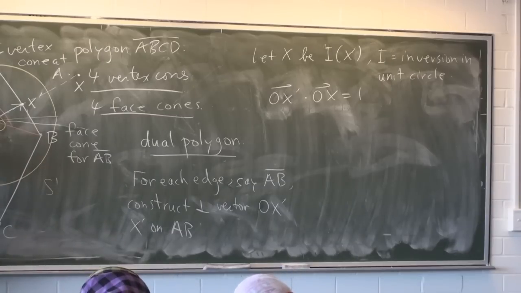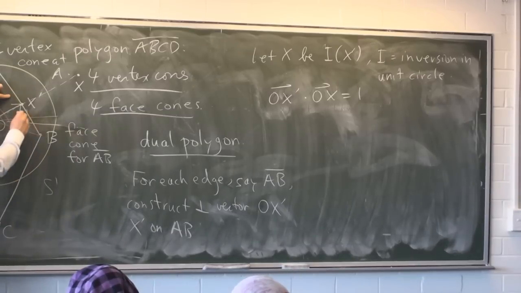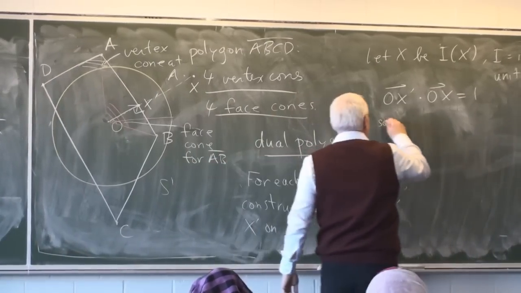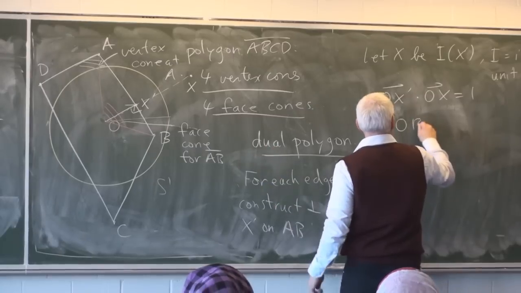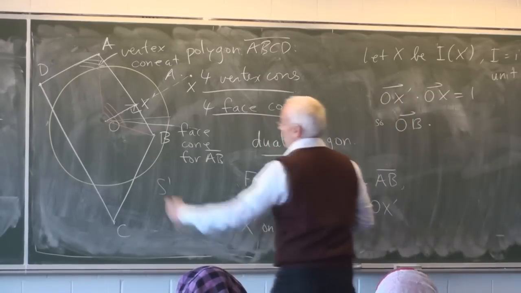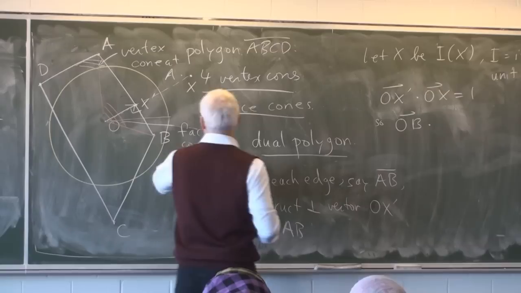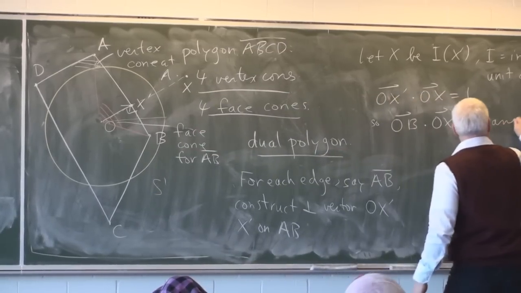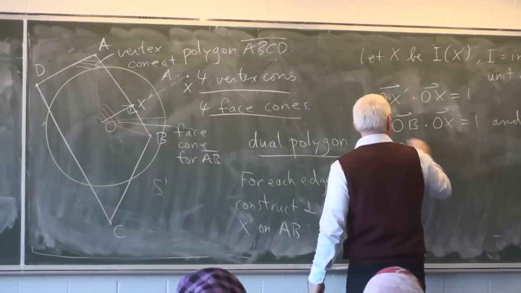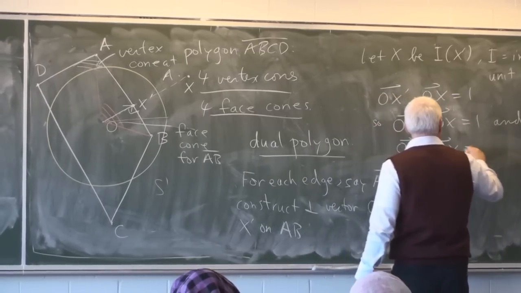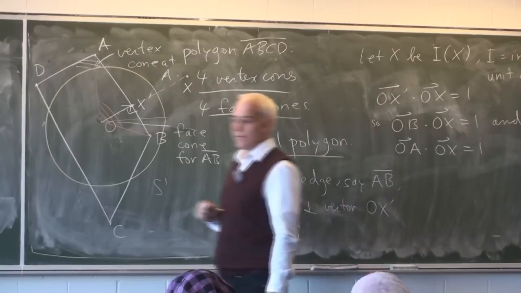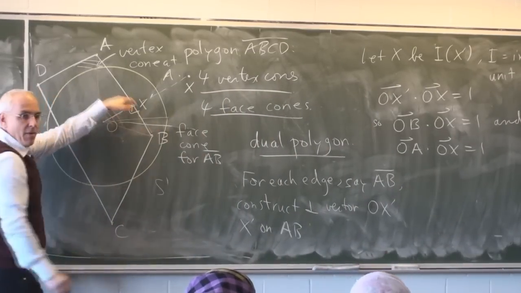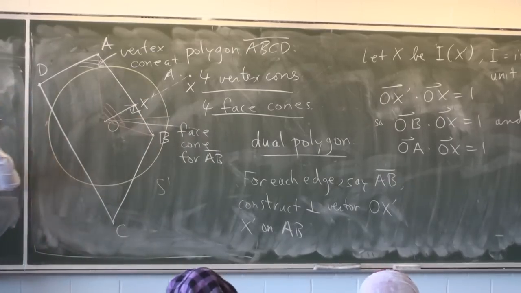Well, that means, however, that since this is perpendicular, if we take the vector OB, it also has dot product 1 with OX. And OA dot OX also equals 1. Because the difference between this one and this one is perpendicular to OX.